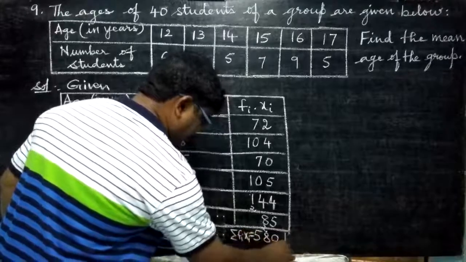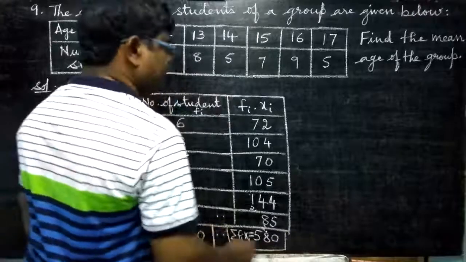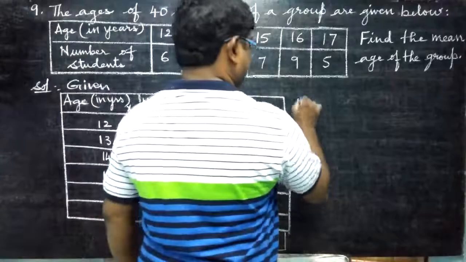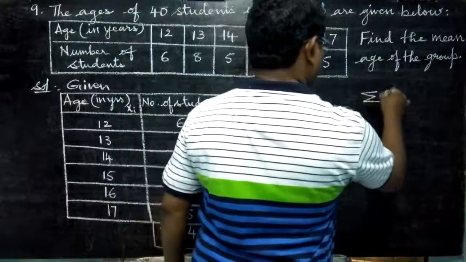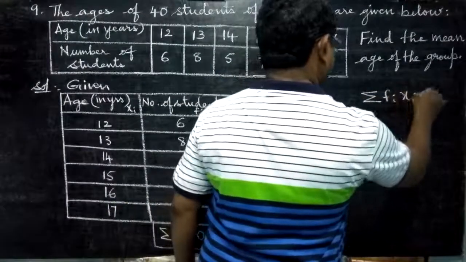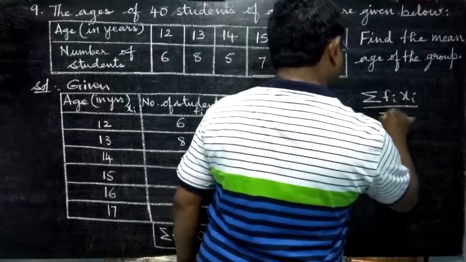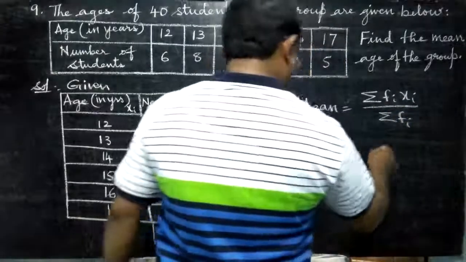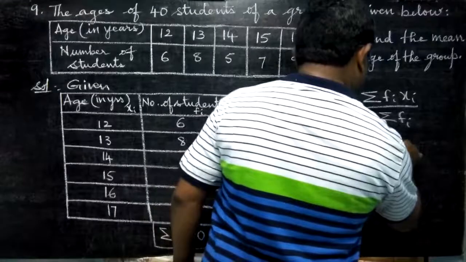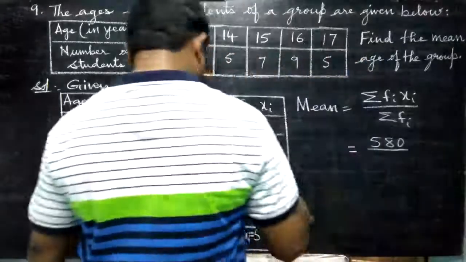Now the mean formula. Mean is equal to sigma fi xi by sigma fi, that is equal to 580 by 40.